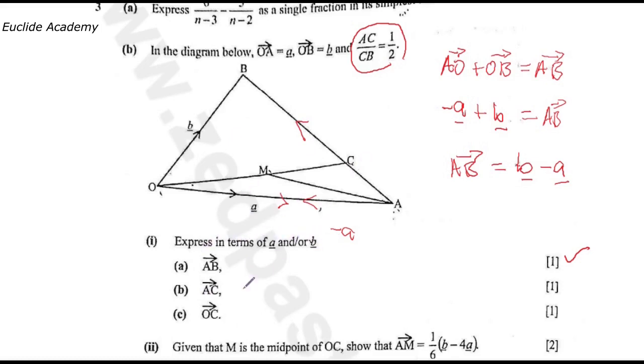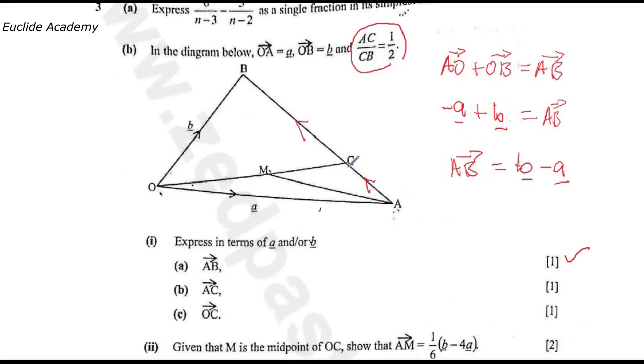Express in terms of A and B the vector AC. So again, let's just get rid of what we have here. So what is the vector AC? We are starting at A, we are going to C. So it should be in this direction, starting from here, goes to there.